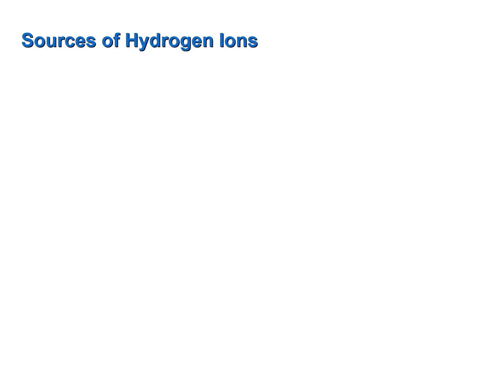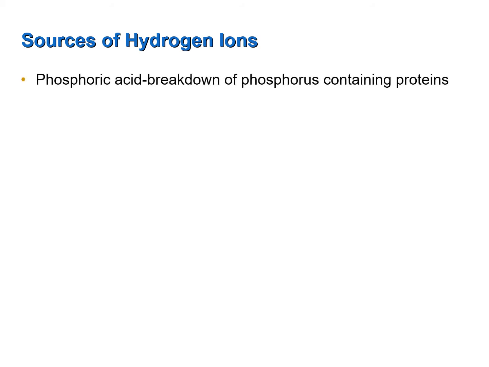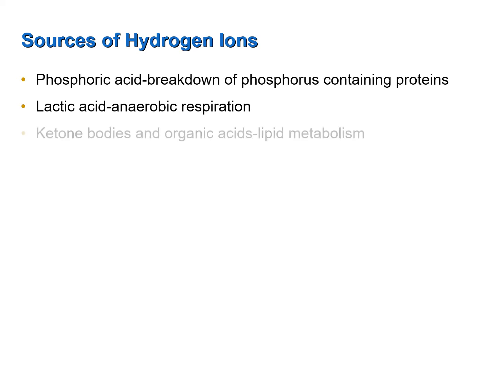Despite the fact that it is necessary that pH remains in a normal range, there are many sources of hydrogen ions as a result of just normal metabolism. Phosphoric acid, for example, is produced as a result of the breakdown of phosphorus-containing proteins. Lactic acid, as we discussed in the chapter on the muscular system, results from anaerobic fermentation.